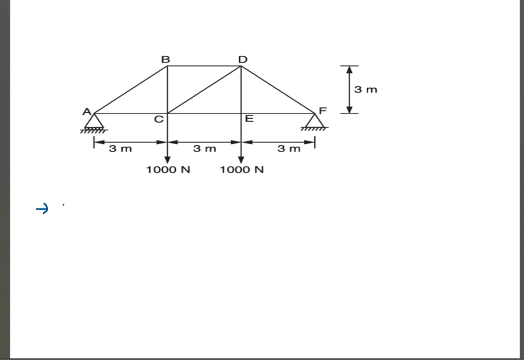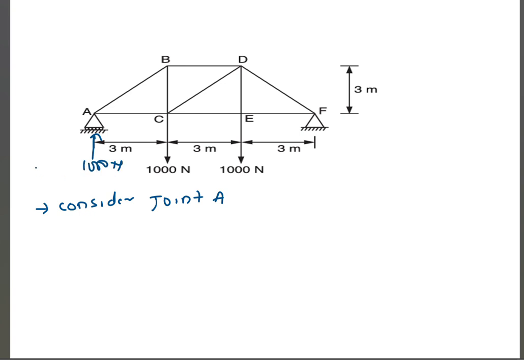So here, consider joint A. So start with the joint A. We know that here the value of RA is 1000 Newton.